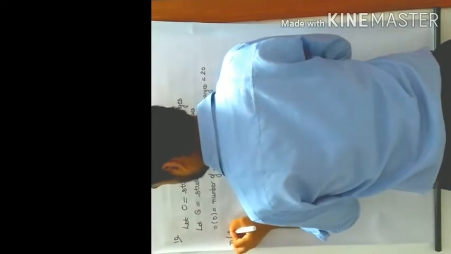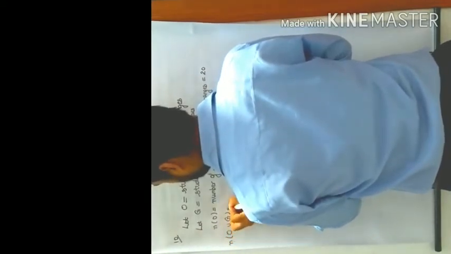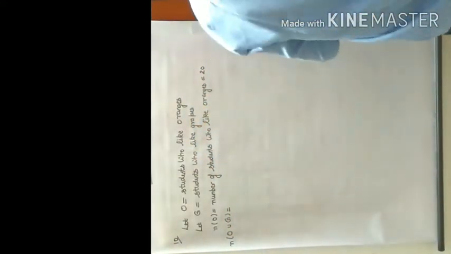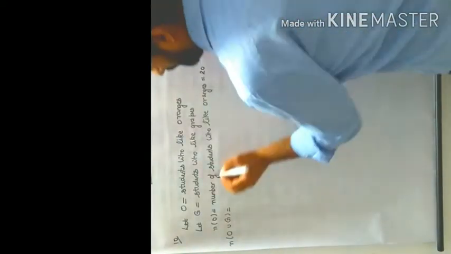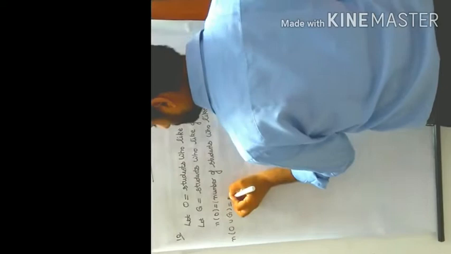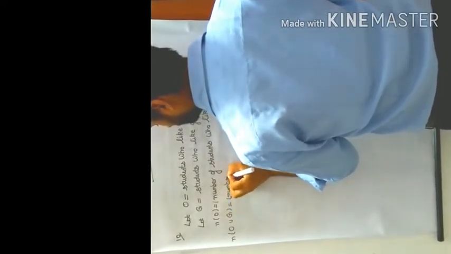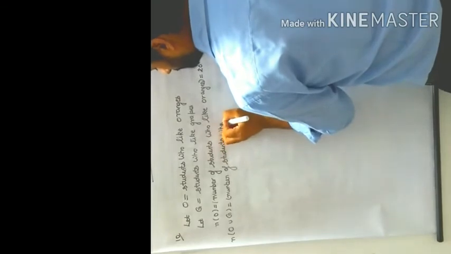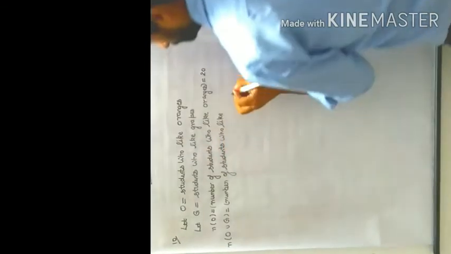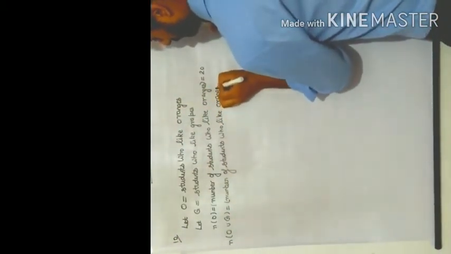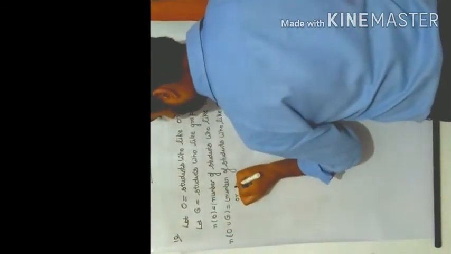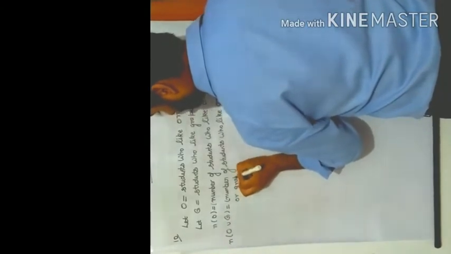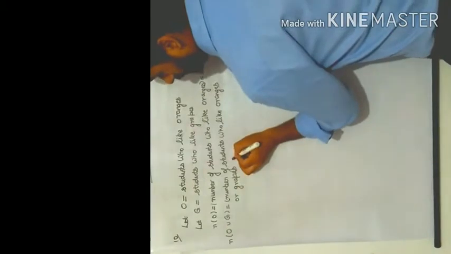So N of O union G is equal to number of students who like oranges or grapes or both.